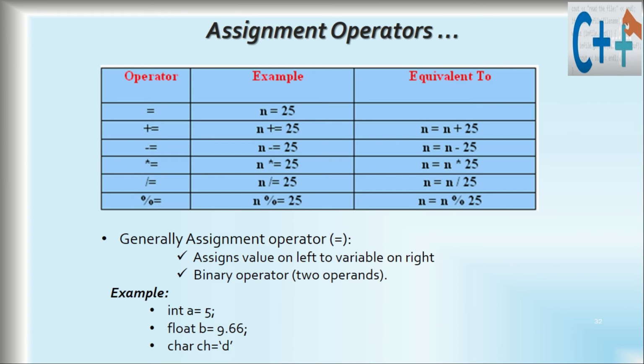So the next one is the assignment operator. As you see, assign variable: n equals 25, for example. Increment operator: n equals n plus 25. Decrement operator: n equals n minus 25.